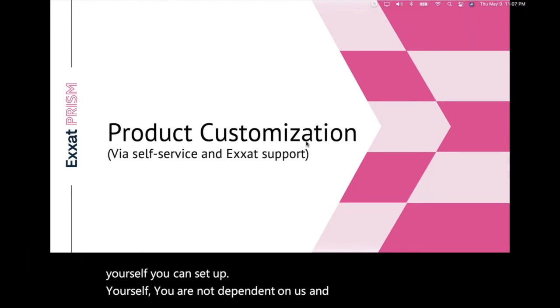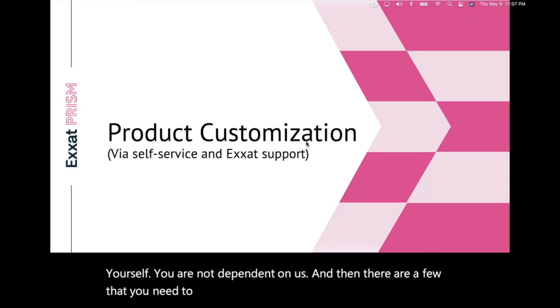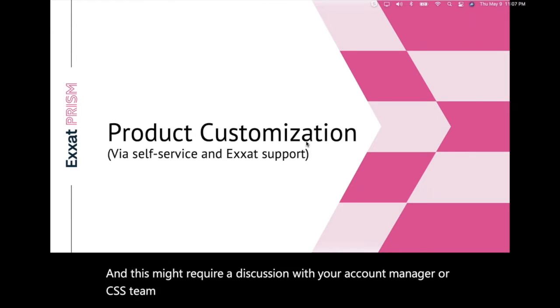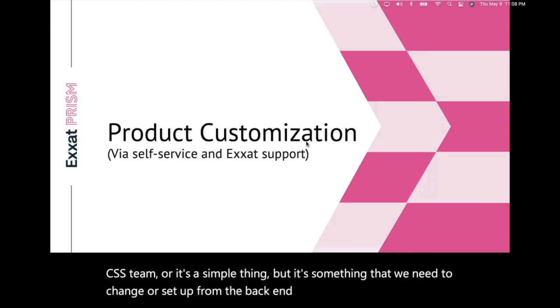And then there are a few that you need to contact us for, because these are a little more complicated, and this might require a discussion with your account manager or CSS team, or it's a simple thing but it's something that we need to change or set up from the back end. So our support will help you with that.